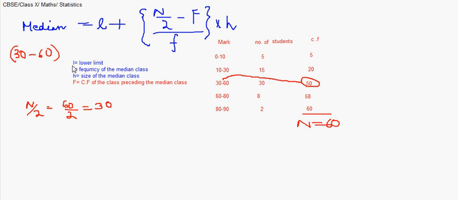For the median class 30 to 60, let us decide the lower limit. So L becomes 30. The frequency of the median class is 30.